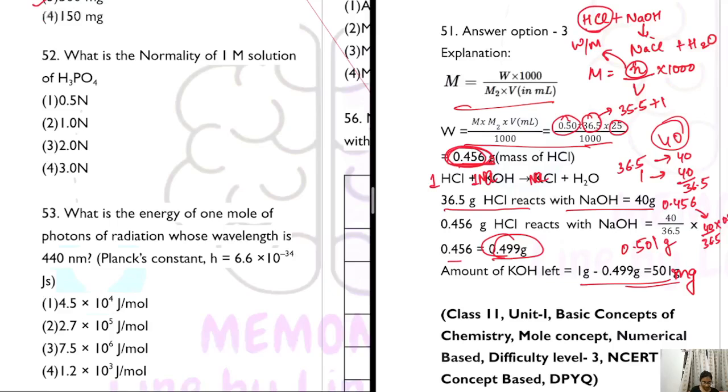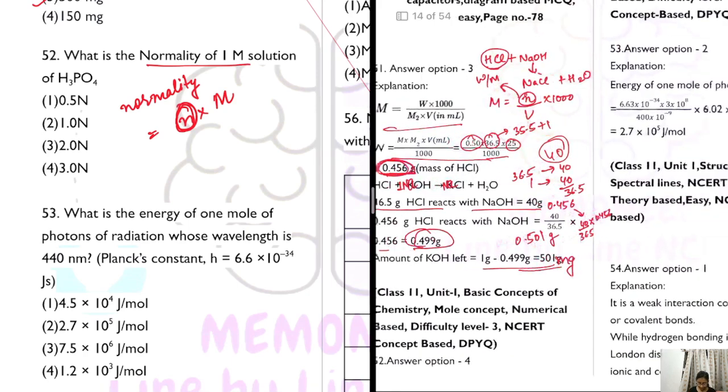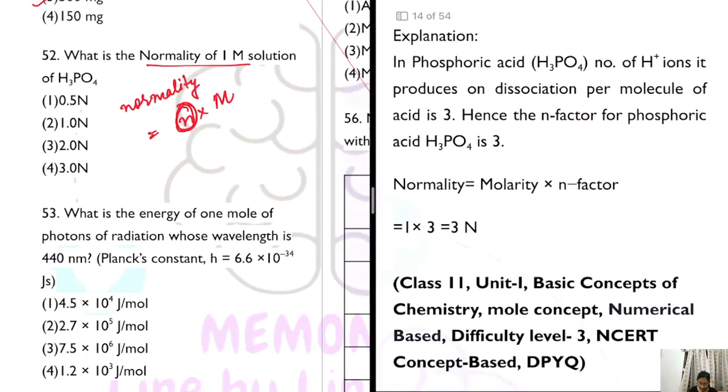What is the normality of 1 molar solution H3PO4? What is normality? Normality will be equal to n into molarity. What is n? Let's see. Okay, see here, how many H plus ions are produced on dissociation?